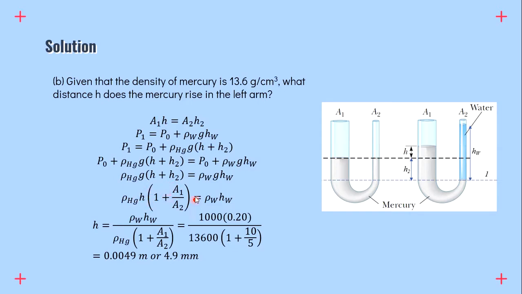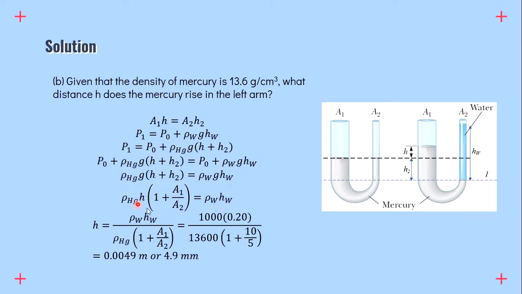Substituting that here, we get h plus A1 over A2 h, but I regrouped that expression into this: rho_Hg h times (1 plus A1 over A2), because they both have h plus h A1 over A2, is equal to rho_w h_w.